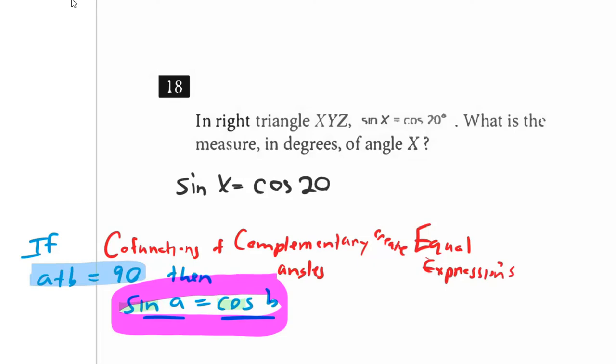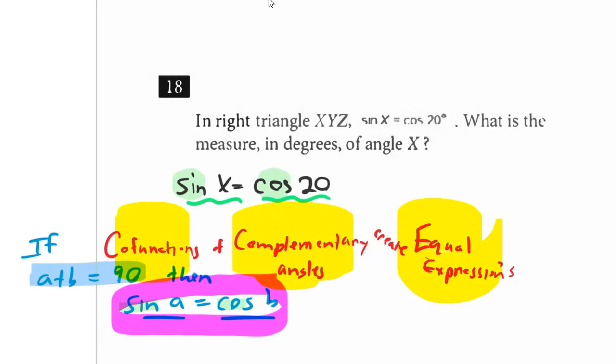So now, on question 18, we're being told that we have equal expressions because the sine of this already equals the cosine of that. We're also being told that we have cofunctions because we've got sine and cosine. So for this rule, cofunctions, complementary angles, equal expressions, if you have any two of those, you can assume the third to be true.